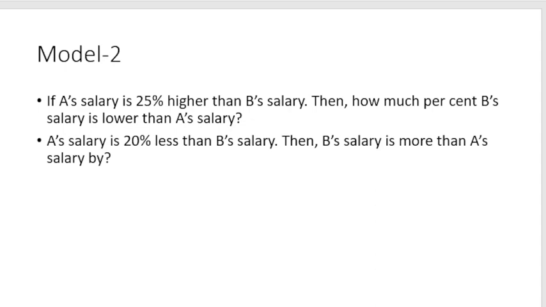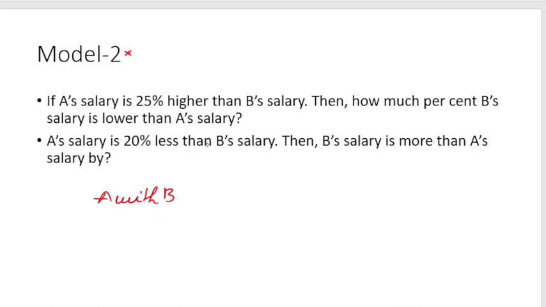The second model is very important and a little bit logical. Let's see. A's salary is 25 percentage higher than B's salary. Then how much percentage is B's salary lower than A's salary? First try to understand the given question. It is comparing A's salary with B's salary.